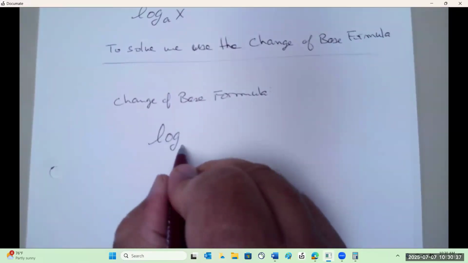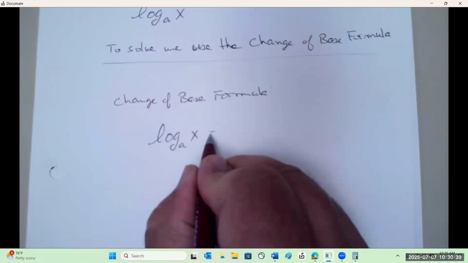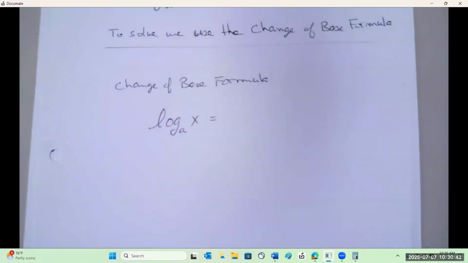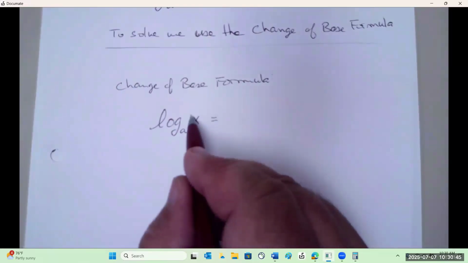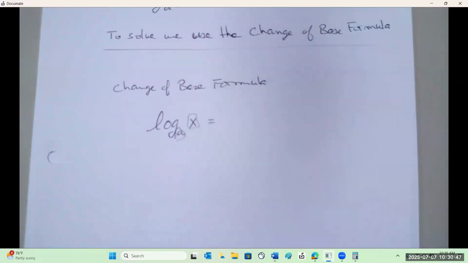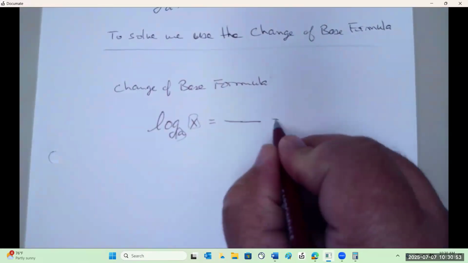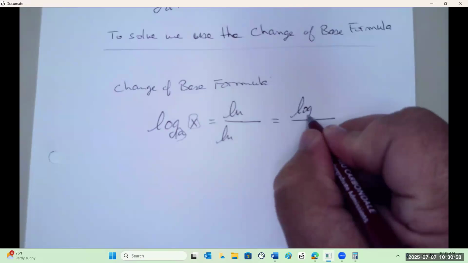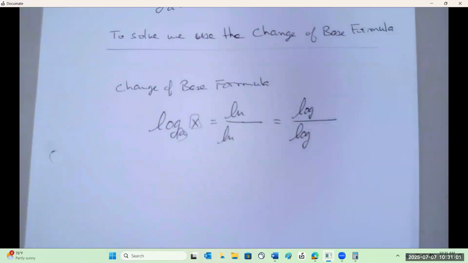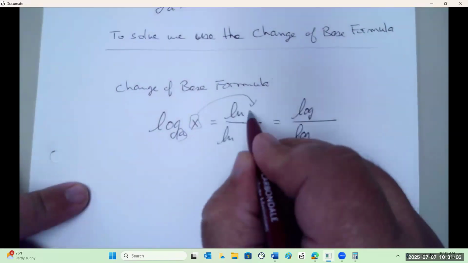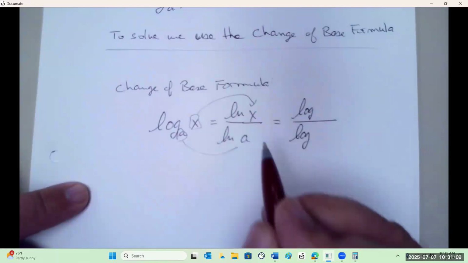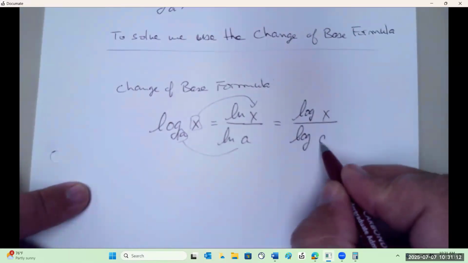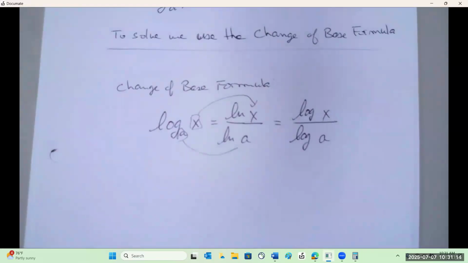If I have any logarithm, I can rewrite it as a ratio of both of these numbers. Because the only type of logarithms we use are either ln or log base 10, the common logs. The top number goes there, the base goes down there. And it's that ratio that we're looking for.